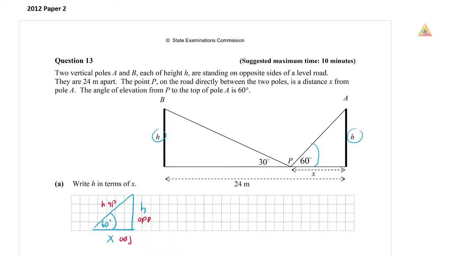They want x and h, so that means we're going to have to use the opposite and adjacent. So that's going to be tan. So tan of 60 is equal to the opposite over the adjacent. The opposite in this case is h over the adjacent, which is x.